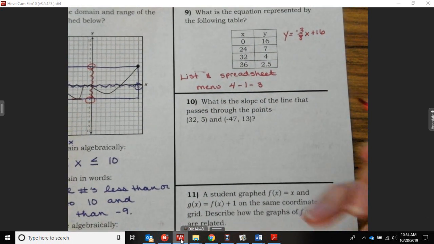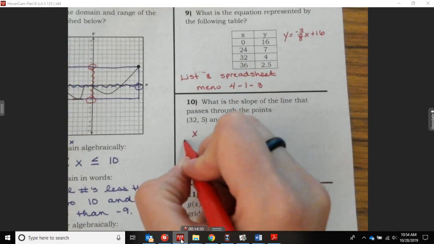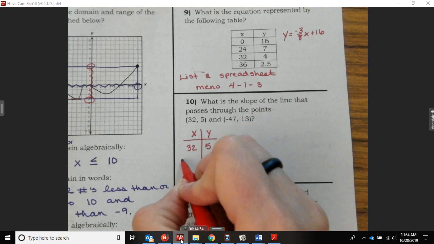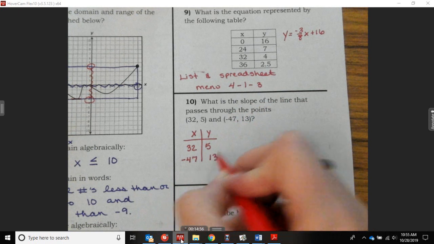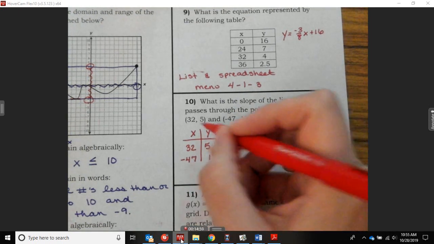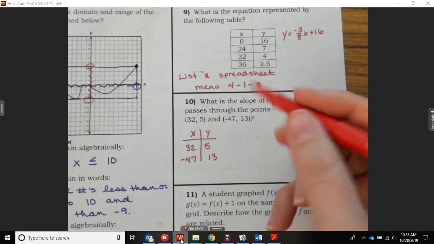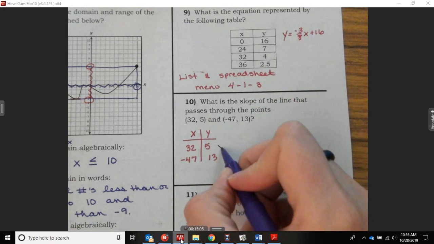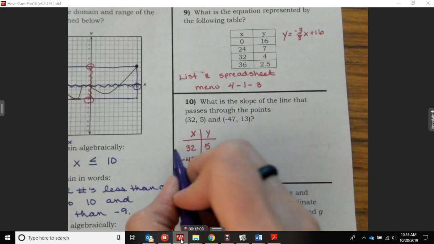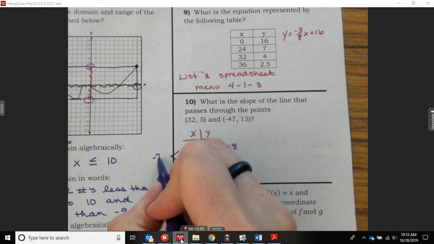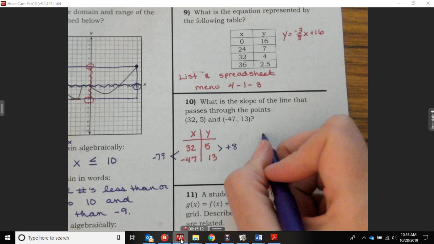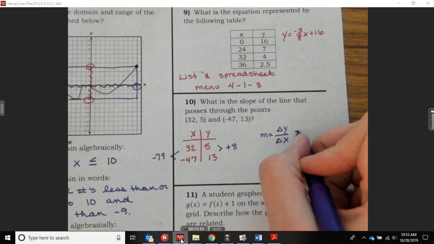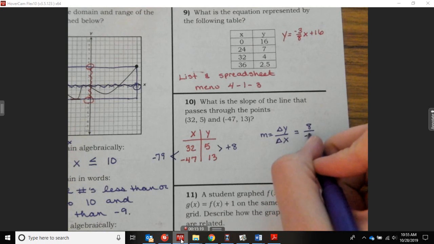Okay, number 10, if you're going to use list and spreadsheet, you first should make a table. So 32, 5, -47, 13. And you could just type that in the way I did number 9, or you can find the change. So the change in y is plus 8. The change in x is minus 79. And so my slope is change in y over change in x, which is 8 over negative 79.